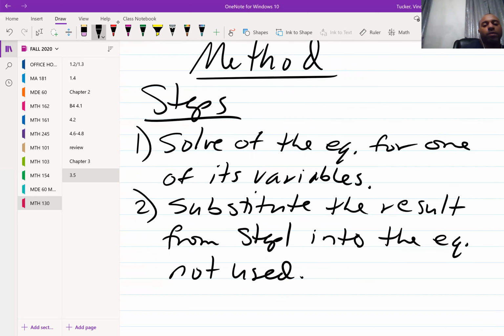So we're going to substitute the result from step one into the other equation, or in other words, the equation not used.